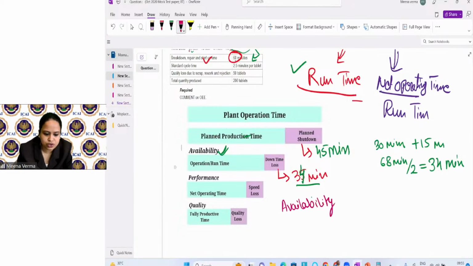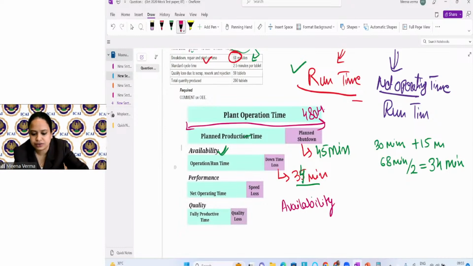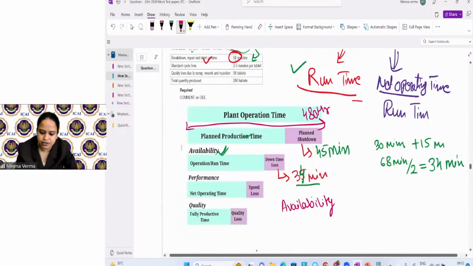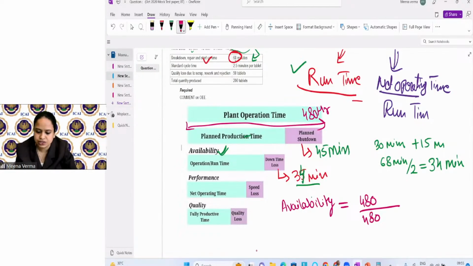We know the total time for which the labor will work was 480 minutes, right? 480 is the total time for which the worker will be working.